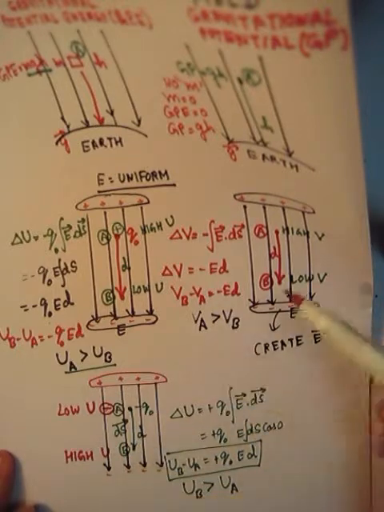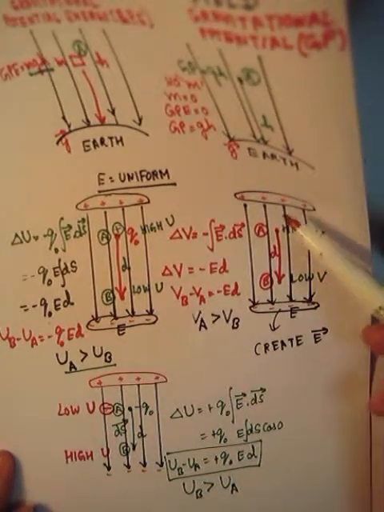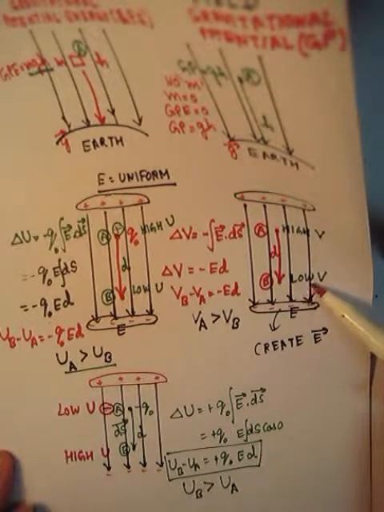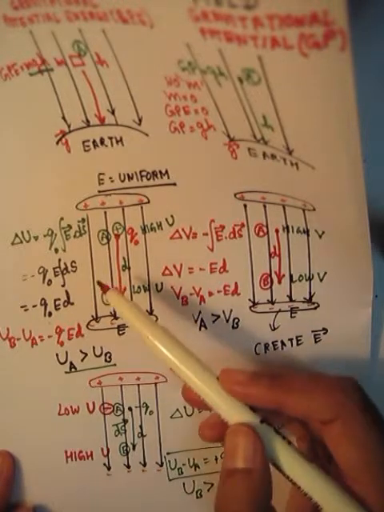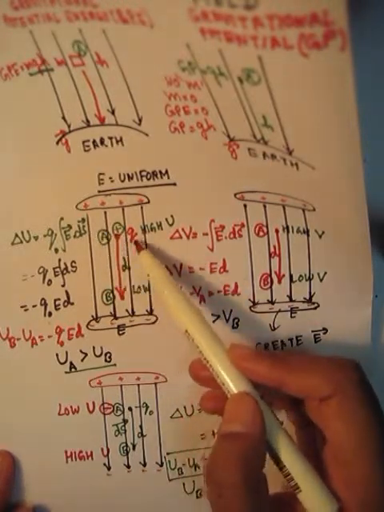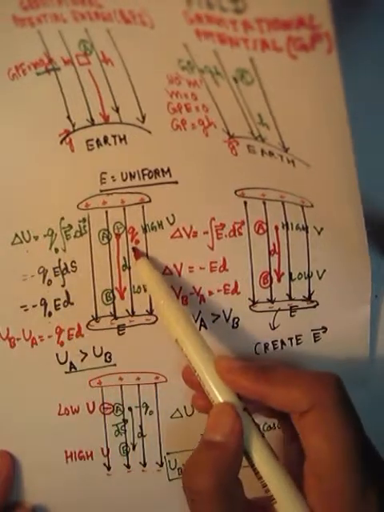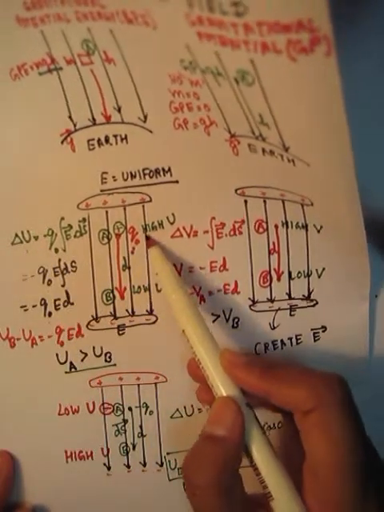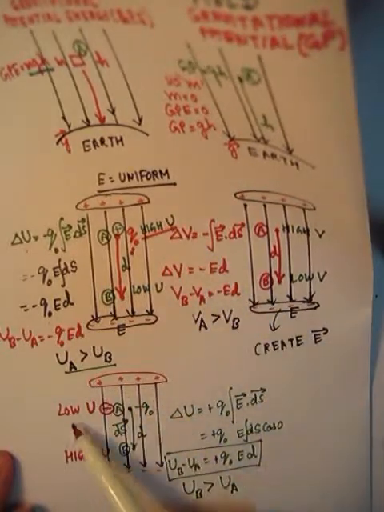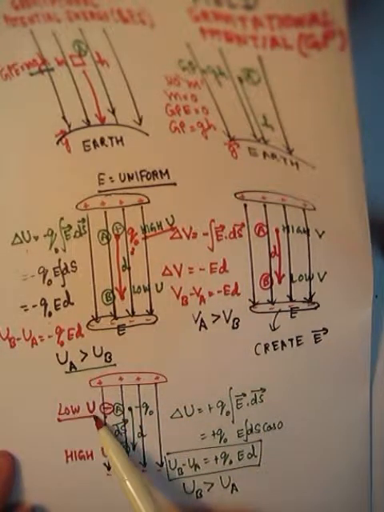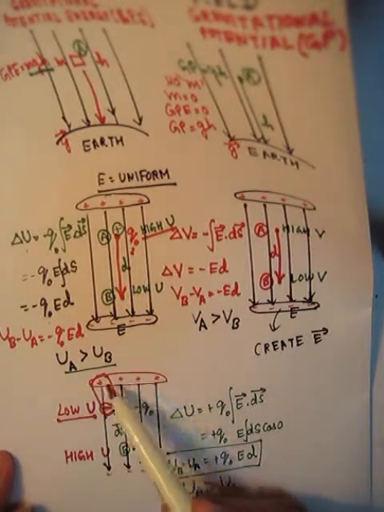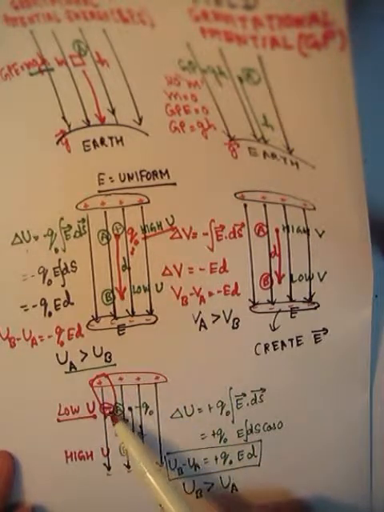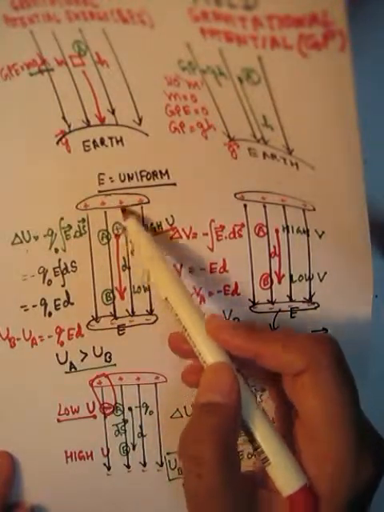Charge might be plus or minus, you always have a high potential near the plus plate and a low potential near the negative plate if the electric field is generated by the plates. The potential energy, however, depends on the charge. If it is a positive charge, here you have a high potential energy, and if it is a negative charge, here you have a lower potential energy. This is also well understood from plus and minus: it will be a low energy state because of the negative charge near the positive plate, and a high energy state because plus and plus repel each other.